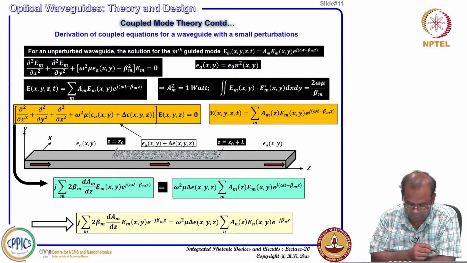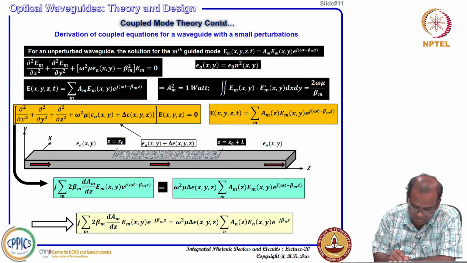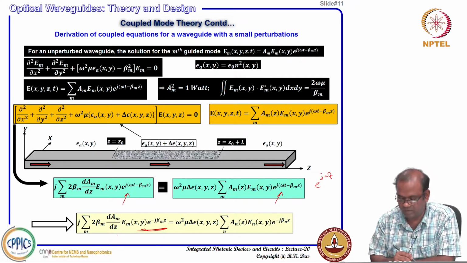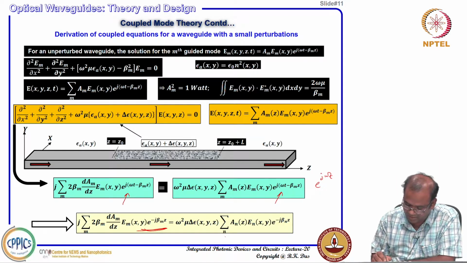Now, you see we get this equation, this equal to this, and what we did here is, because on both sides you have e to the power j omega t, I factored that term out. So, on the left hand side I get this one, e to the power minus j beta_m z, and on the right hand side also m, and I am writing a different index here for the right hand side.